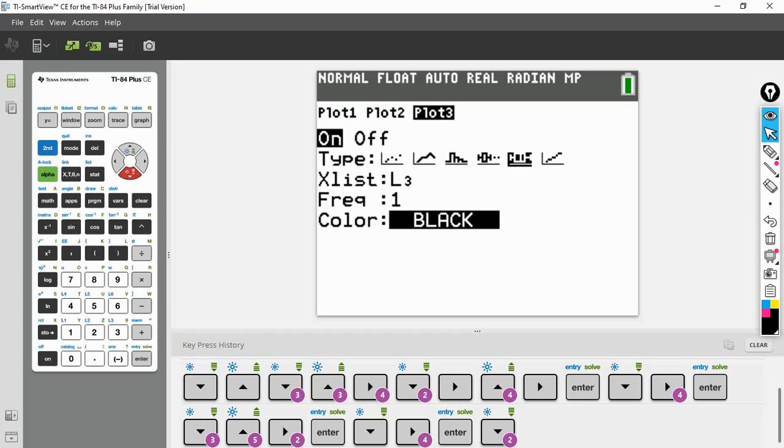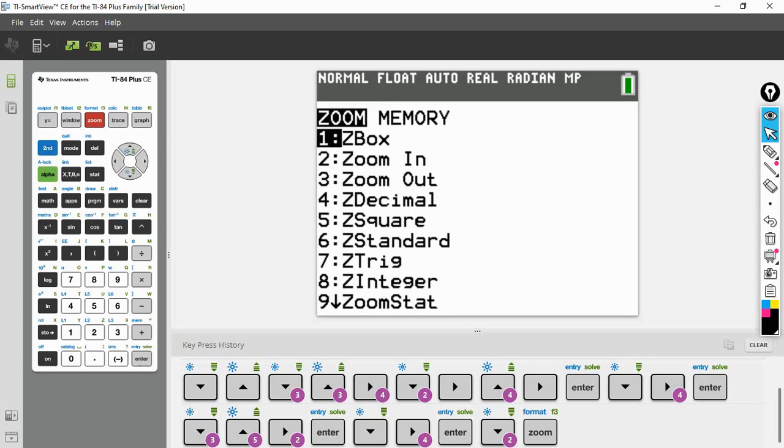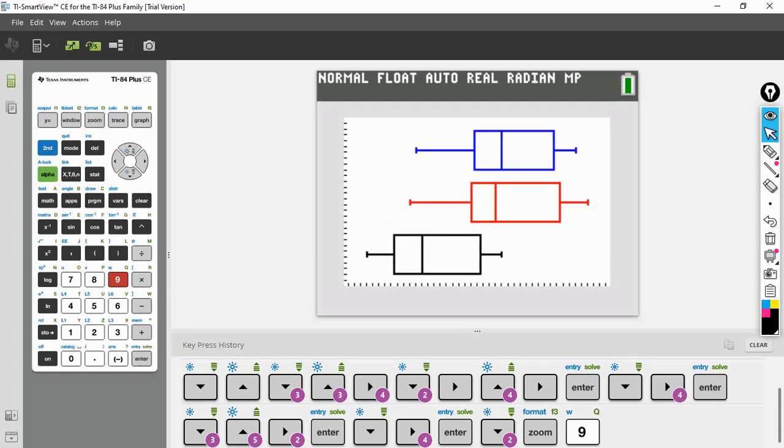And then again, a frequency of 1. Then we're going to go to zoom, and click on number 9, zoom stat. So notice that the blue box and whisker plot represents the data for the city of Vienna. The red one is Brussels, and the black one is Stockholm.